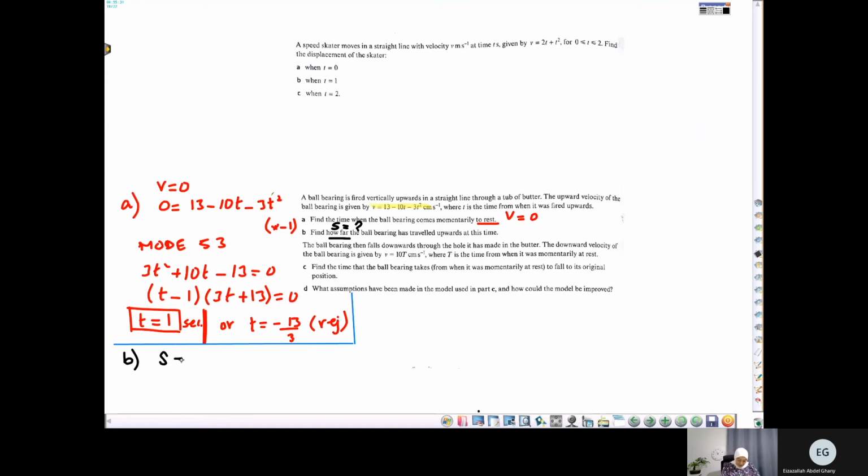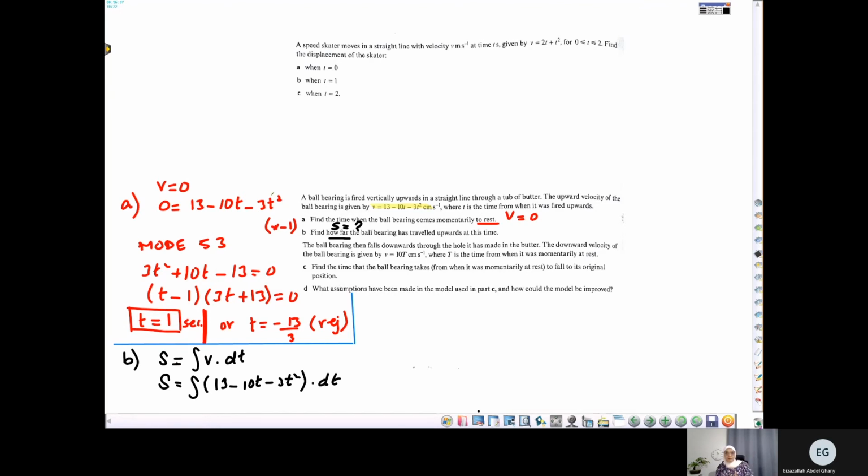So S equals the integral of velocity with respect to time. We are integrating this formula. So S equals the integral of (13 minus 10t minus 3t squared) dt.